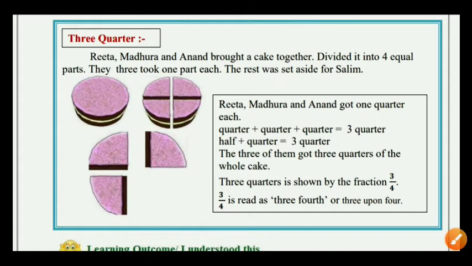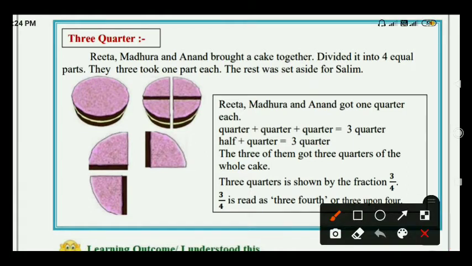Now 3/4. Rita, Madhura and Anand bought a cake together. They divided this cake into 4 equal parts.